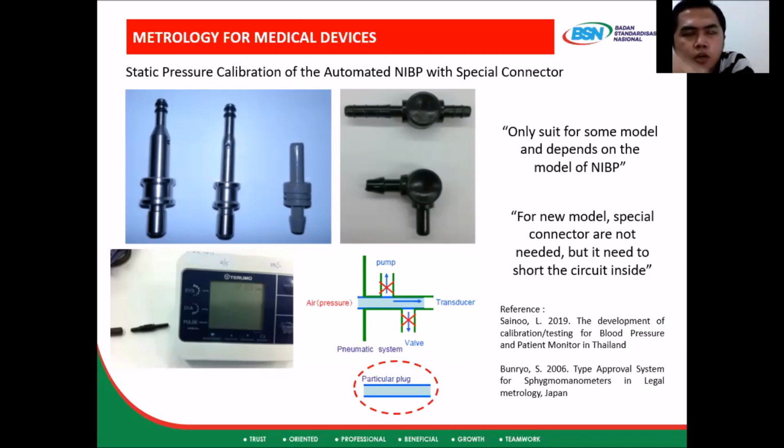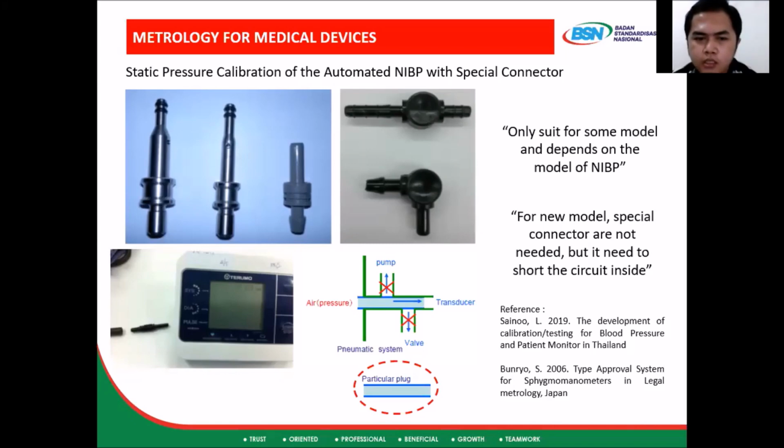Usually it is normally open, and by shorting the circuit we can make it normally closed, and we can calibrate the automated NIBP device. However, this requires access to the inside of the NIBP device.